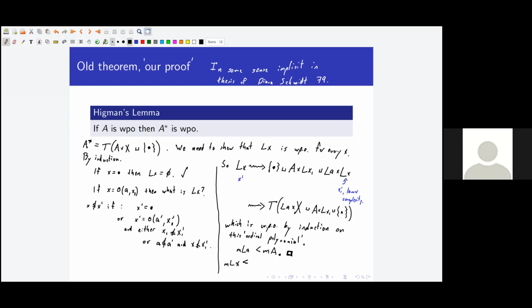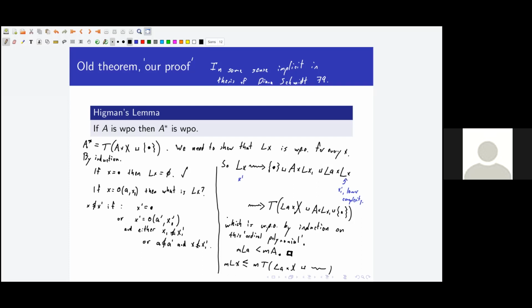Because of this quasi-embedding means this is no greater than the maximal order type of T. We'll call it LA times X union the rest. But doing this properly and finding the right ordinal exactly requires a careful analysis of the Cantor normal form, and it gets annoying quickly.